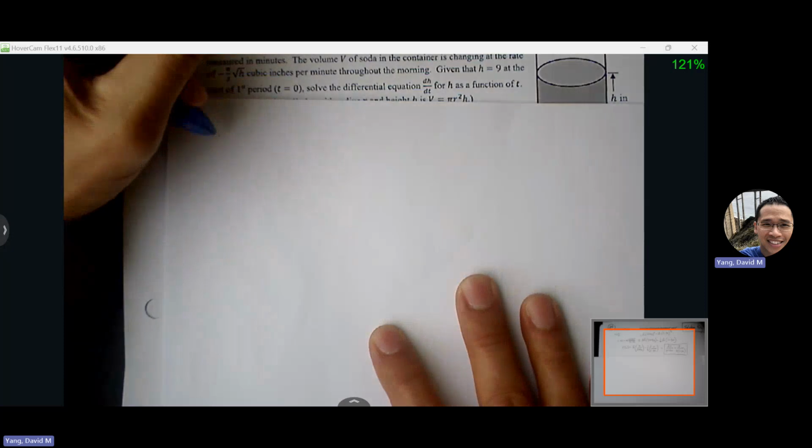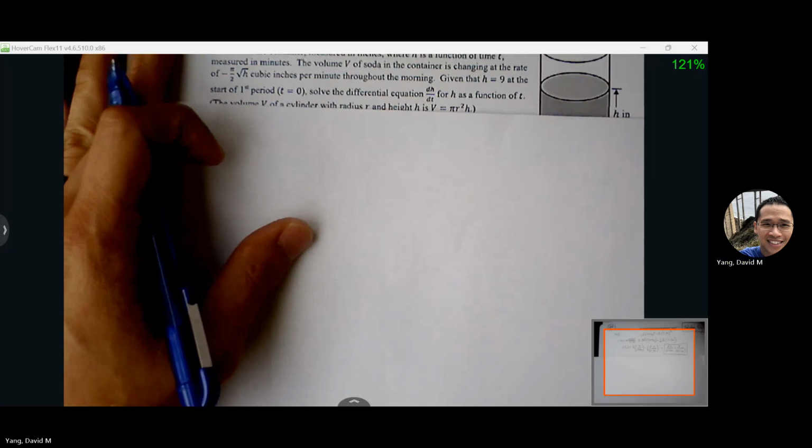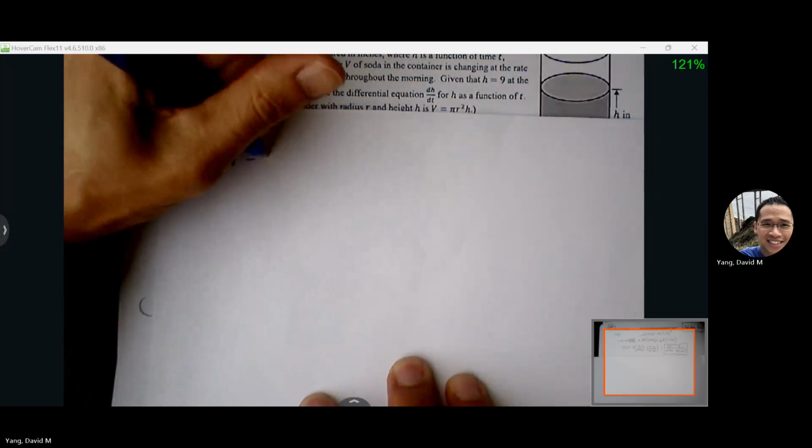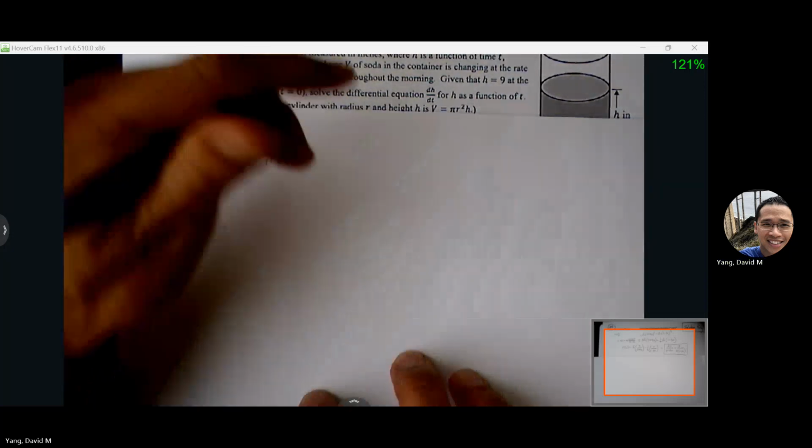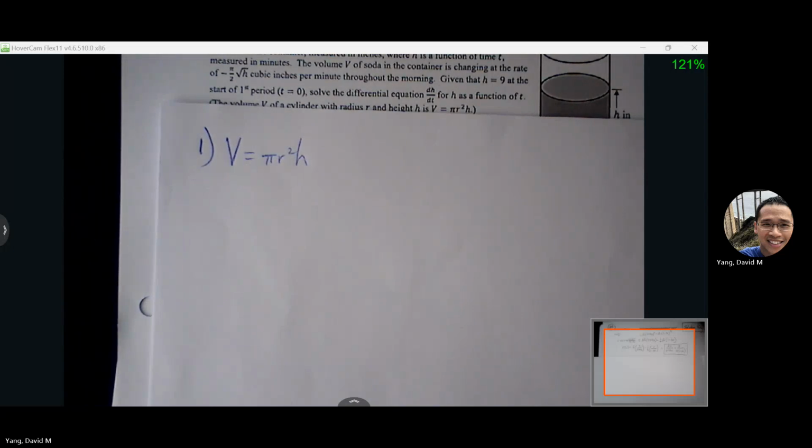So we know that when it comes to cylinders, our radius is never changing, right?